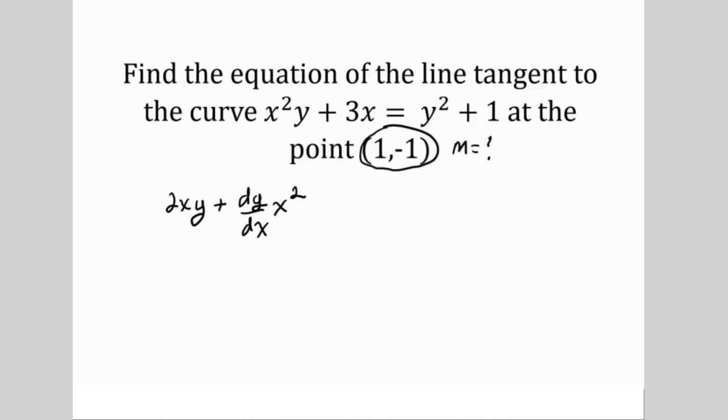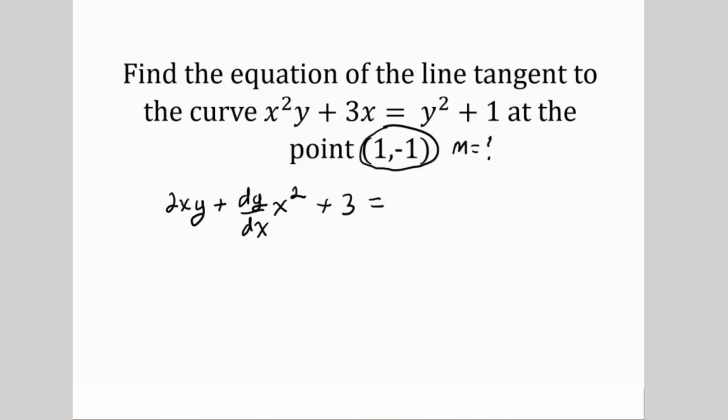That would be the first term's derivative using the product rule, plus the derivative of 3x with respect to x. Well, the x matches, so it's just the normal derivative, 3, is equal to the derivative of y squared with respect to x, so that would be implicit.